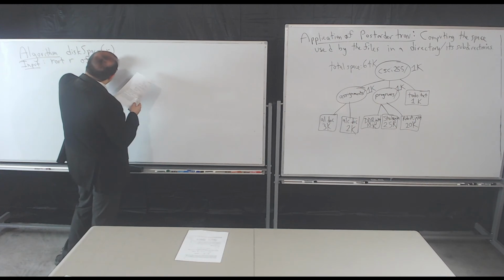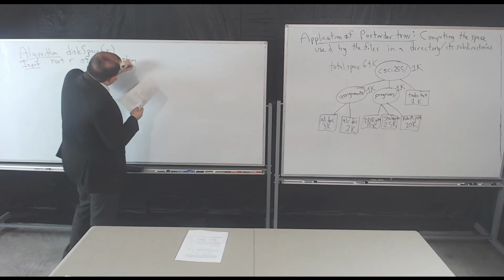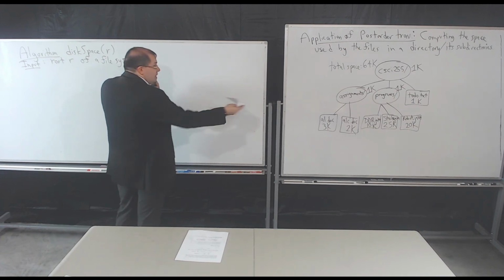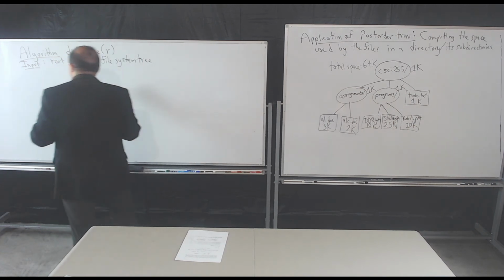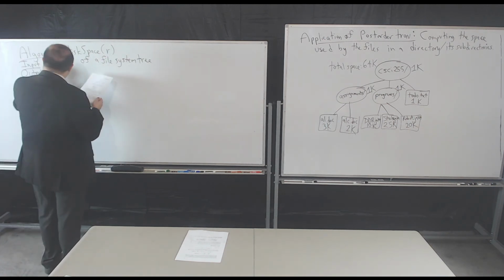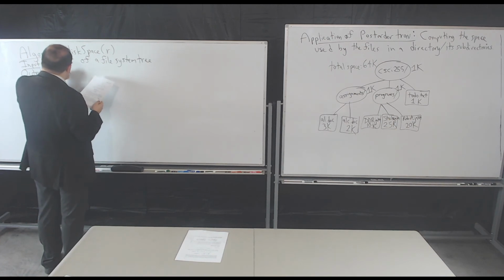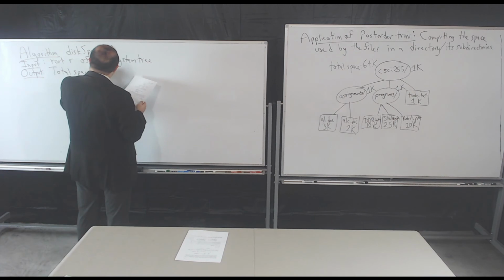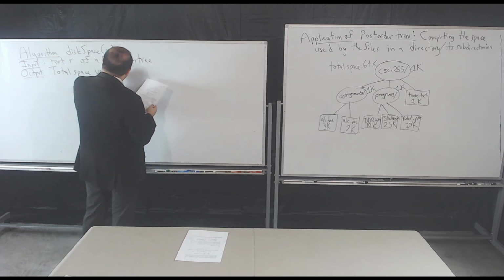Remember I told you that file systems can be trees, and this is exactly what I mean by this. So you see my tree layout here? I'm going to use the fact it's a tree to compute the disk space. The output is going to be the total space used by the file system.